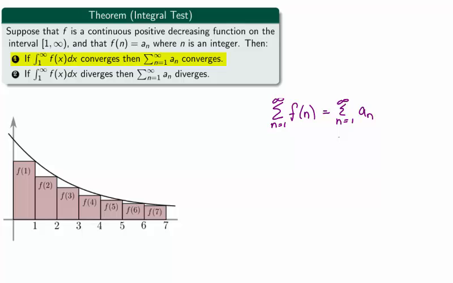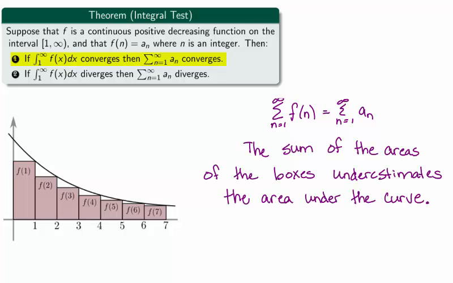We have essentially performed a right endpoint approximation of the area underneath the curve, and hence the sum of the areas of the boxes underestimates the area underneath the curve. The area underneath the curve is given by the improper integral, the integral from 1 to infinity of f of x dx. So if this area is finite, or if this integral converges, then so is the area enclosed by the boxes.